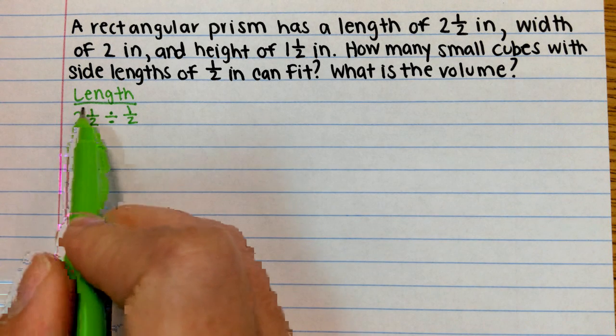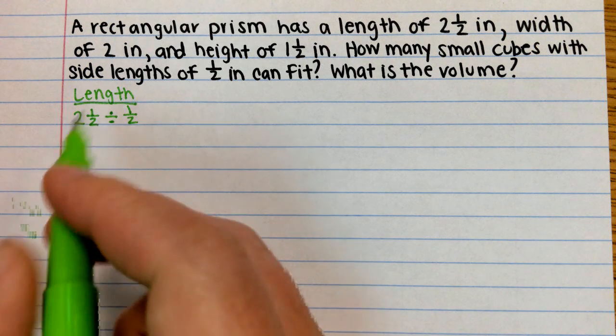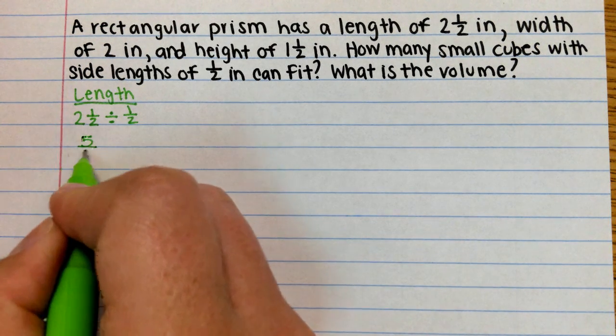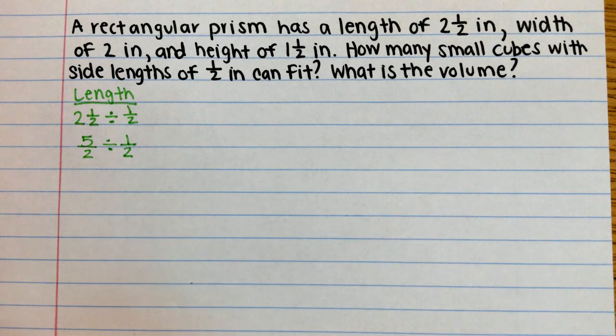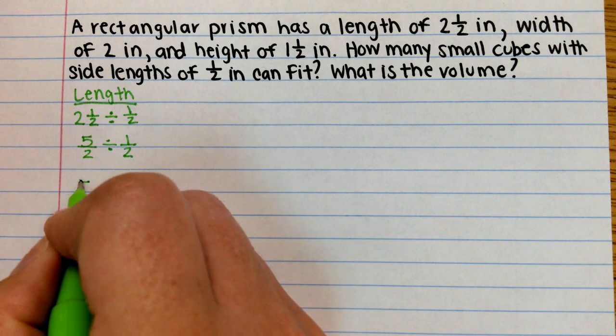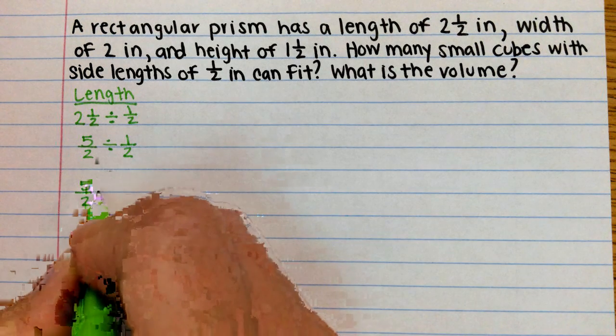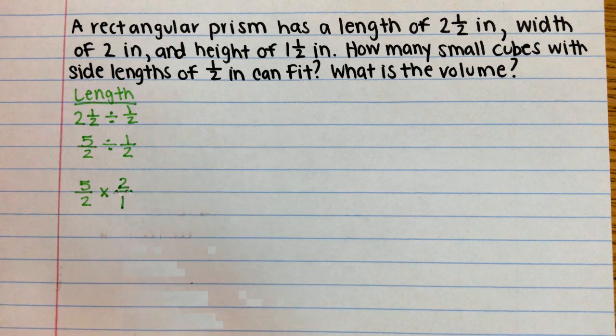So I need to change this 2.5 to an improper fraction. 2 times 2 is 4, plus 1, 5. So I have 5 over 2 divided by 1/2. Now I do my keep, change, flip. I keep the 5 over 2, I change division to multiplication, and I flip 1 over 2 to 2 over 1.